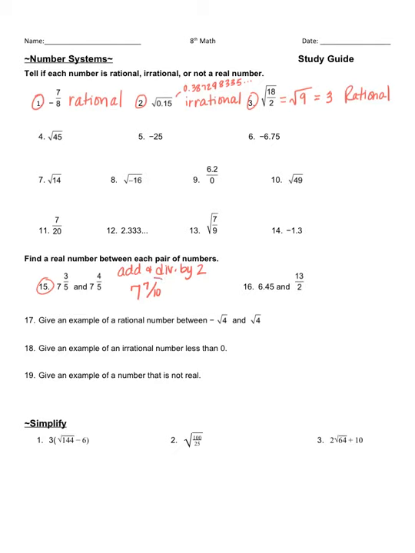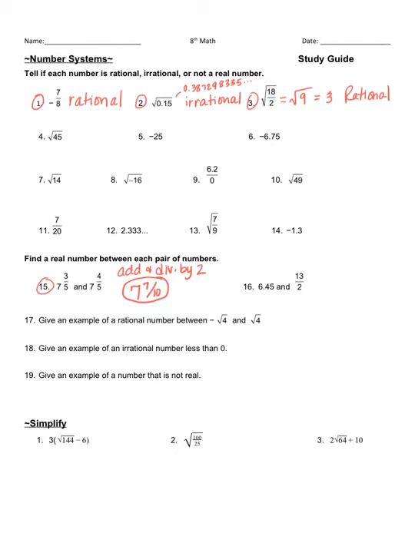And 7 7/10 is a real number, and it is between 7 3/5 and 7 4/5. Now, I will accept it if you wrote that as a decimal. If you wrote 7.7, I would accept that. I've had students turn these into decimals before, and that would be 7.6 and 7.8, and then they go and find a number between them that's a decimal, and that's fine too.